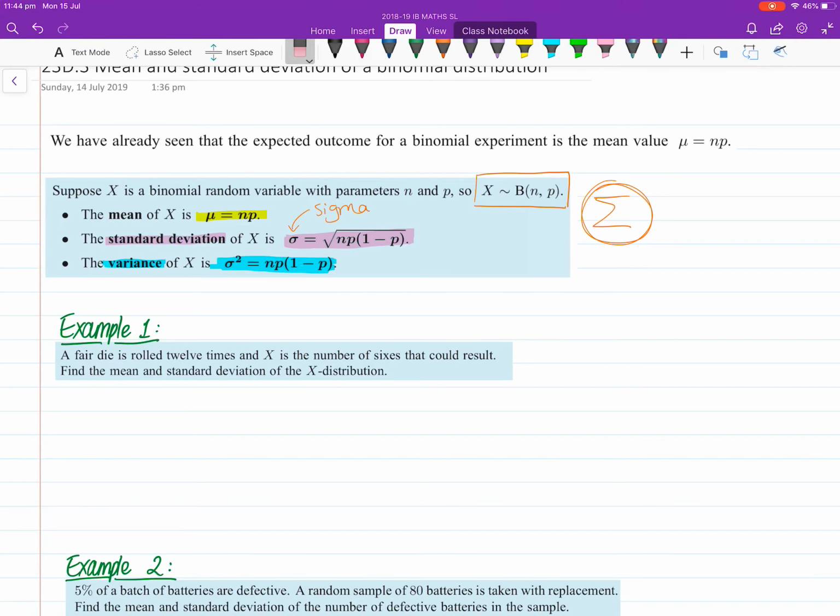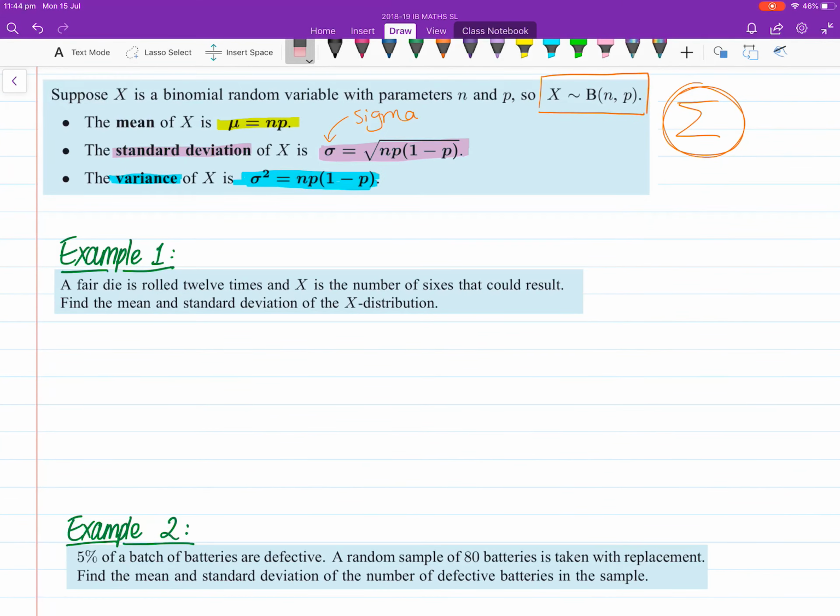Let's try the first question. It says a fair die is rolled 12 times and X is the number of sixes that could result. Find the mean and standard deviation of the X distribution. It looks like our random variable is the number of sixes, so that's our success, and not getting a 6 is our failure.